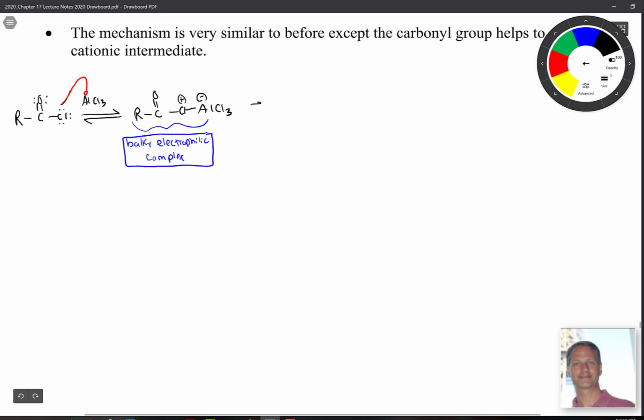Well, this can decompose. That forms AlCl4 minus, and then we get this R group. So in essence, that's happening. So then you get your R group, you get your carbonyl here, and then a plus charge like this. This is called the acylium ion.